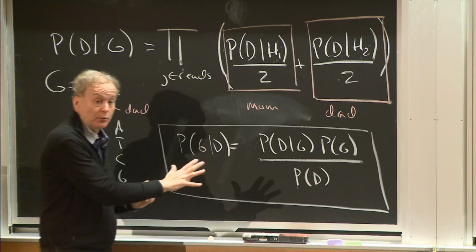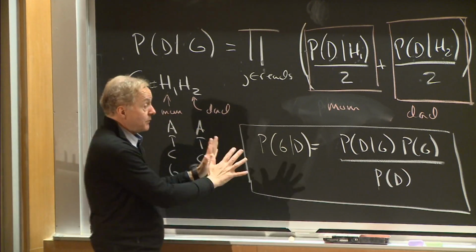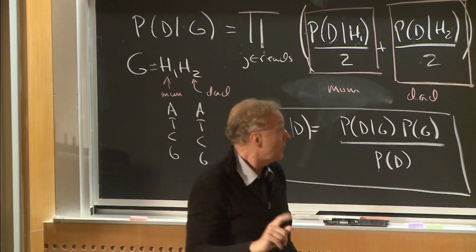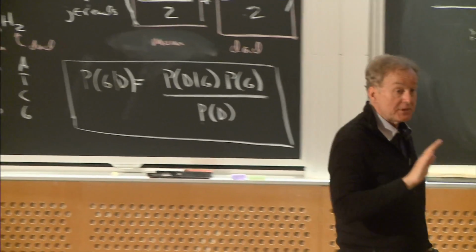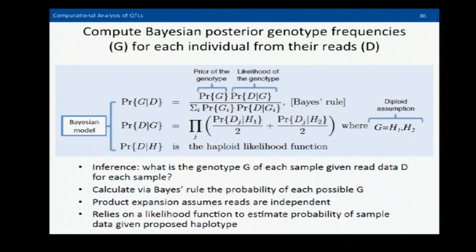This is simply Bayes' rule. So with this, for an individual, we can compute the posterior of the genotype given the read set. Very simple concept.